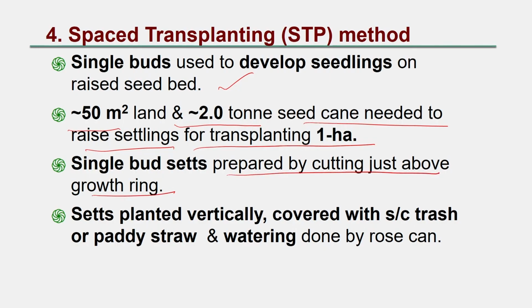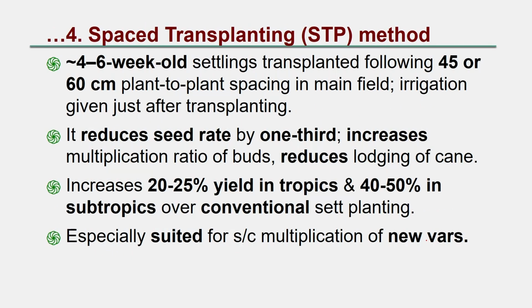Sets are planted vertically, covered with sugarcane trash or paddy straw, and watering is done by rose can. About 4 to 6 week old seedlings are transplanted following 45 centimeter or 60 centimeter plant to plant spacing in the main field. Irrigation is given just after the transplanting.